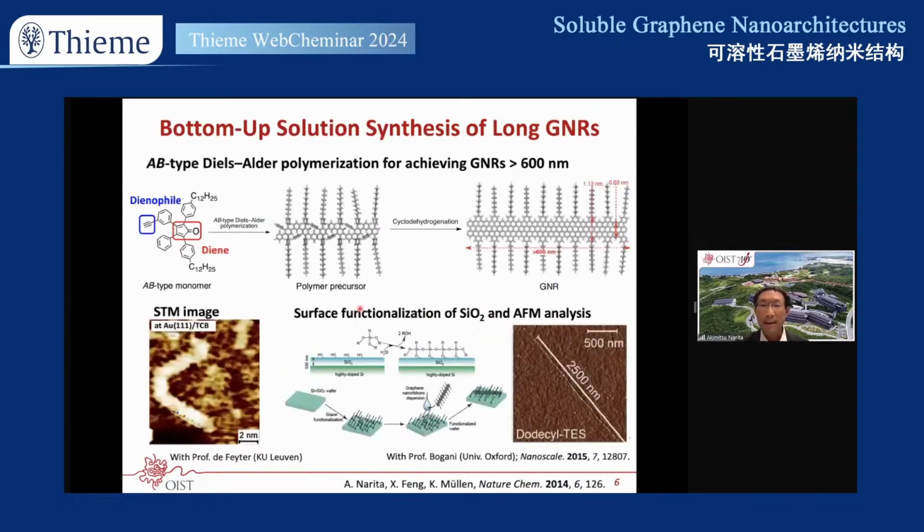During my PhD in Professor Klaus Müllen's group, I worked on polymerization of such monomers to get graphene nanoribbons, which are substituted with alkyl chains, and this makes them soluble. The former graphene nanoribbons in the early 2000s were often insoluble and difficult to characterize or apply, but by making them soluble, we can visualize and also deposit them for further device fabrication and so on.